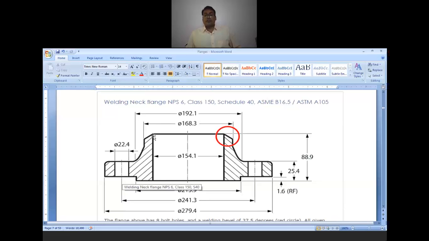So temperature and pressure are very important in standard, scheduled and class flanges. When you talk of the specifications, it will have the standard dimensions.